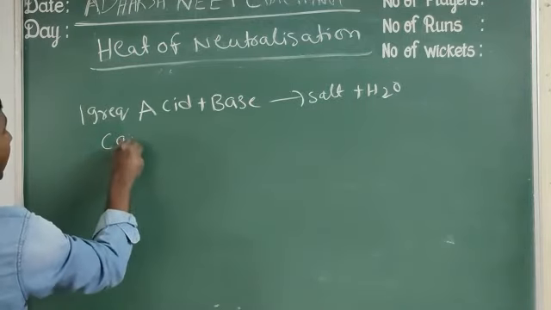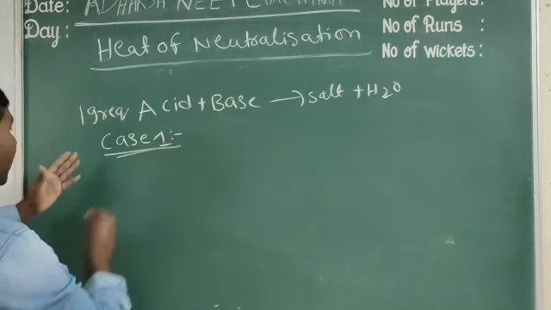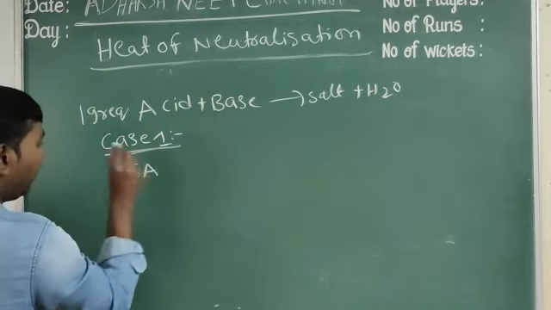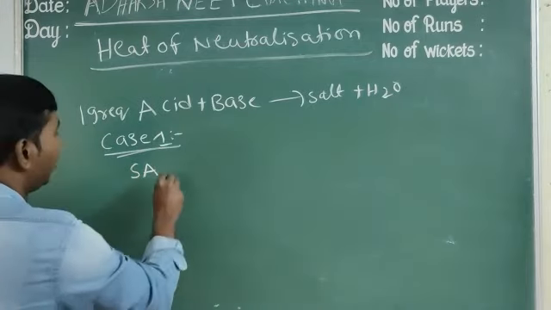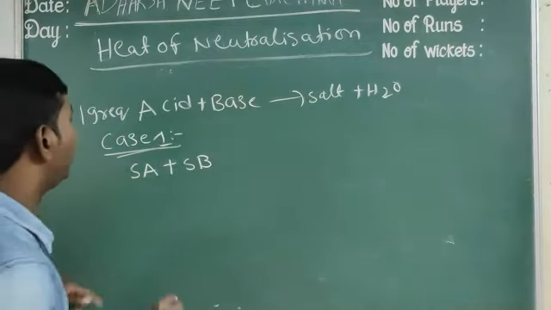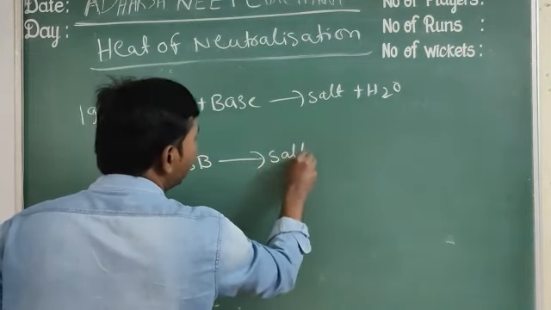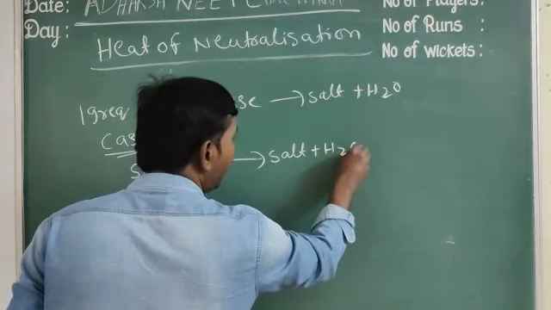Case 1, the constant value: strong acid, SA means strong acid, plus strong base, undergoing neutralization, gives salt plus water.